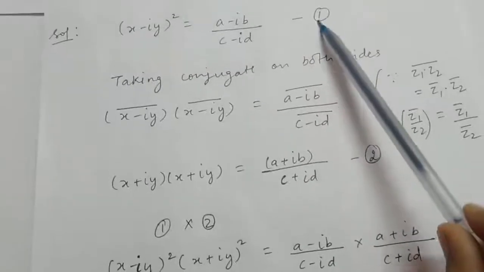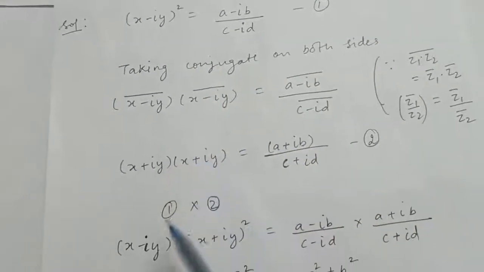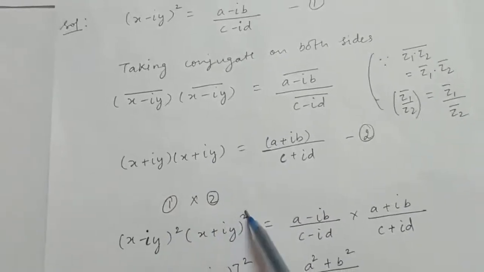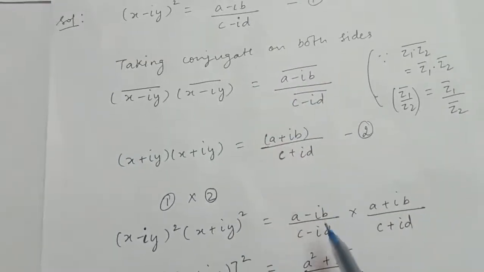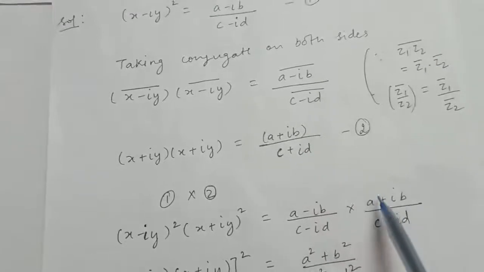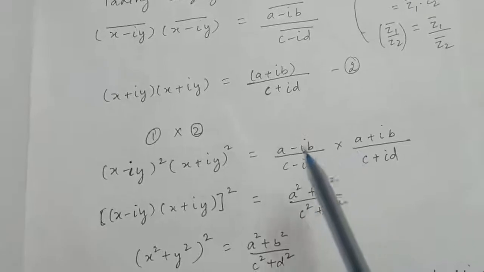Now this is 1, this is 2, multiply these two. So you will get (x minus iota y) whole square into (x plus iota y) whole square. On the right hand side, this is (a minus iota b) upon (c minus iota d) into (a plus iota b) upon (c plus iota d), right?